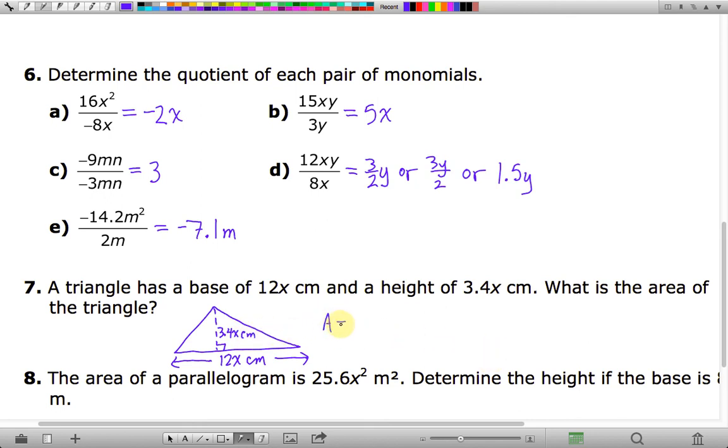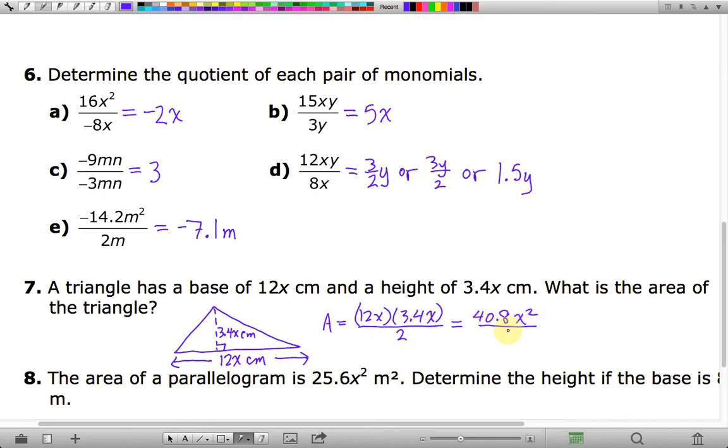So to find the area of a triangle, you do base times height and then we divide by 2. So 12 times 3.4 is equal to 40.8, and x times x is x squared.